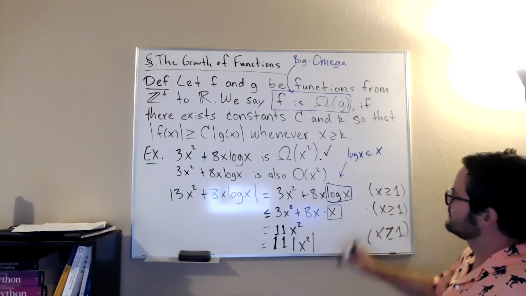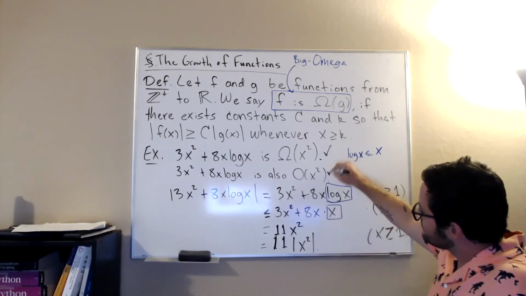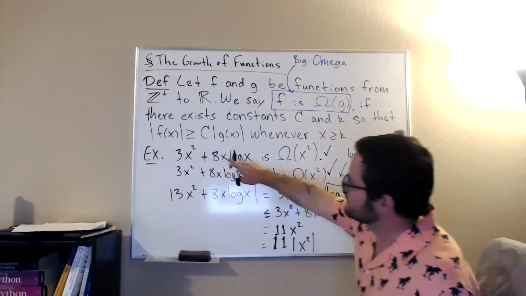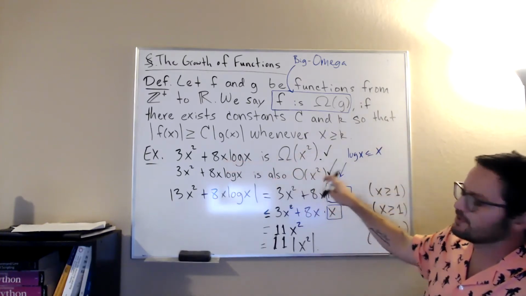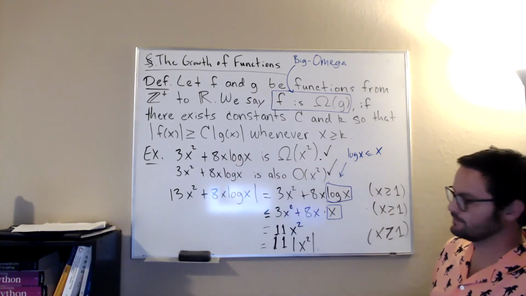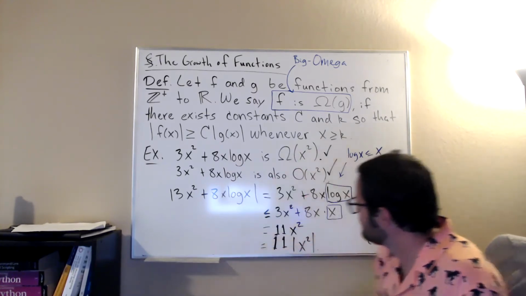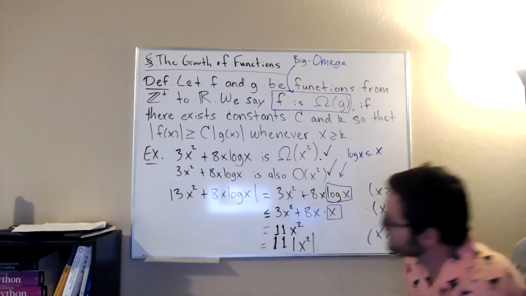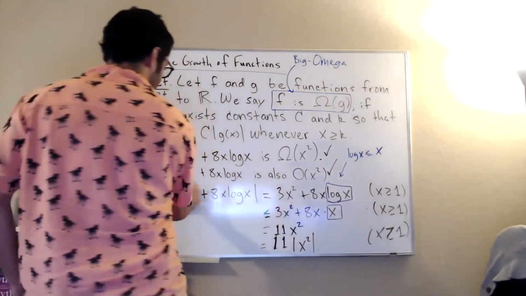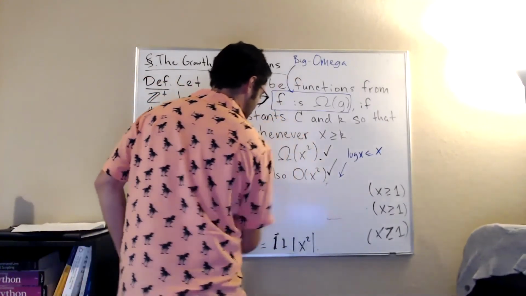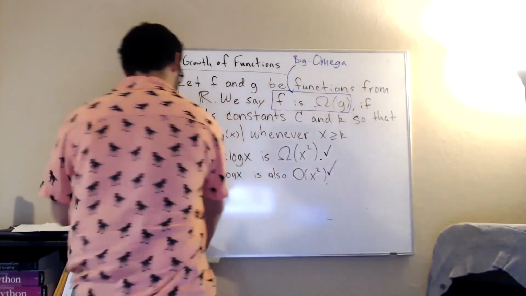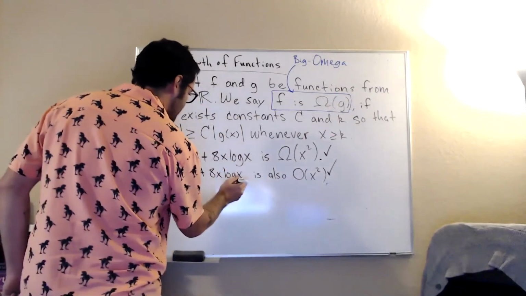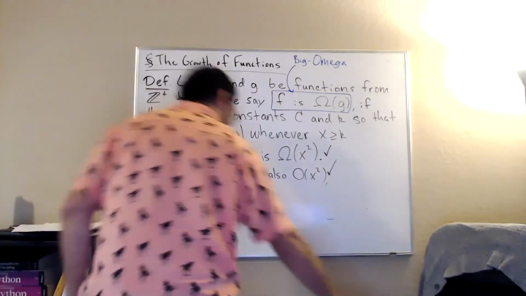We found our witnesses. So indeed, it's the case that this function is big omega of x squared and also big O of x squared. So those are finding the witnesses. So that would prove that part there, which leads me to my next definition.